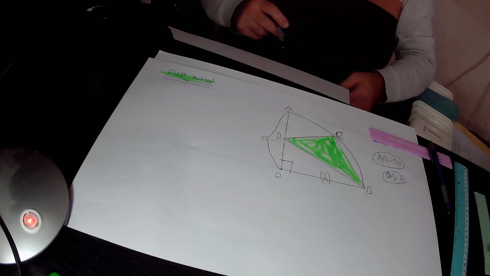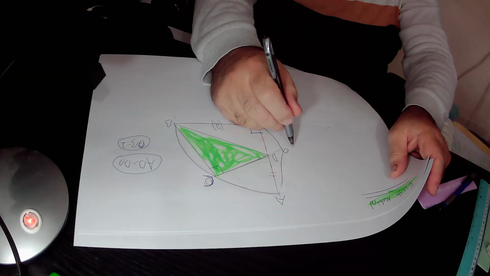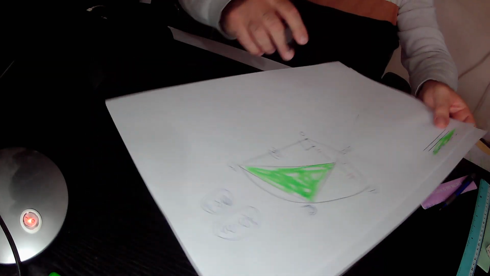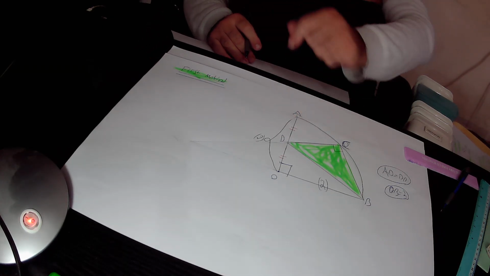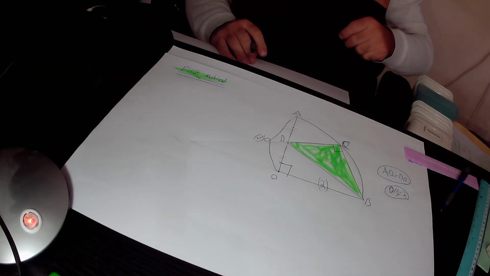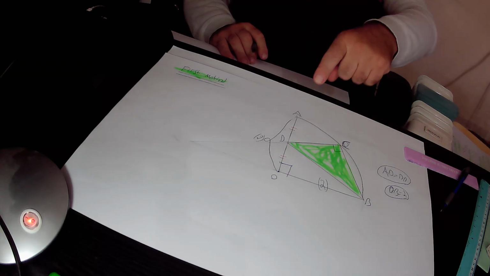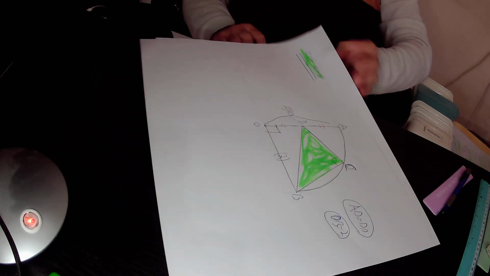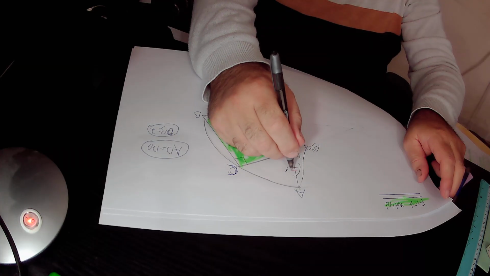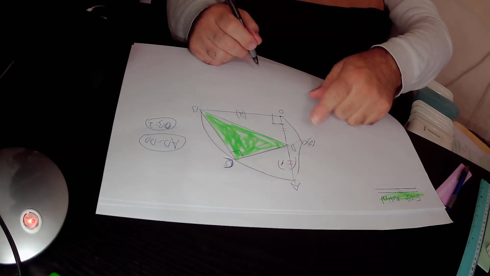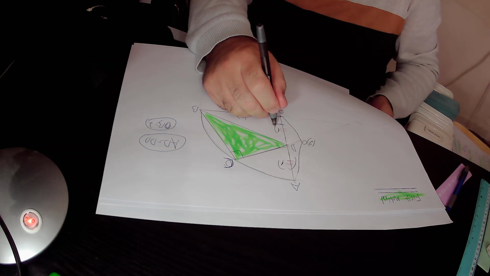The radius AO that equals 2 has been bisected at point D into two halves. The first half AD must be equal to 2 over 2, that is 1. And it of course equals the second half of AO, that is DO, which also equals 1 unit in its length.